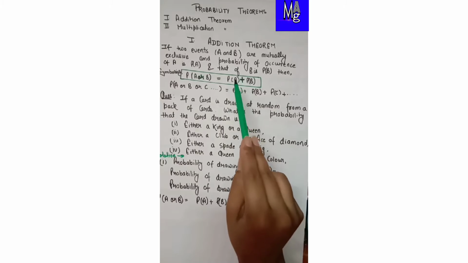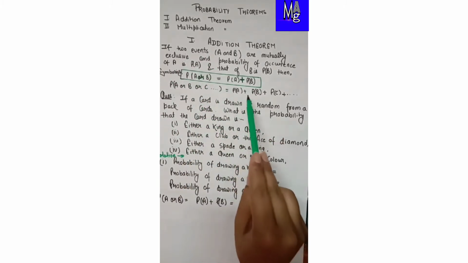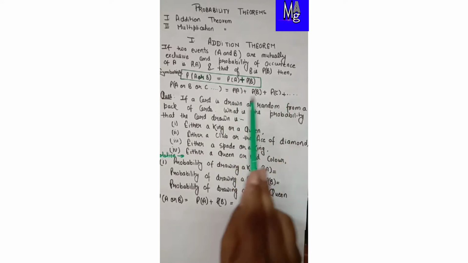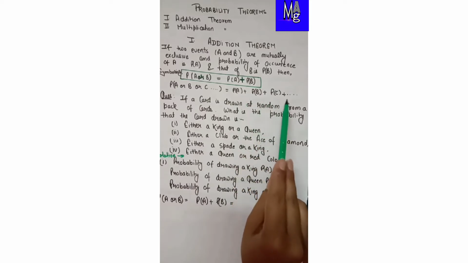If there are more than two events, you can also expand this theorem, as given here, A or B or C.